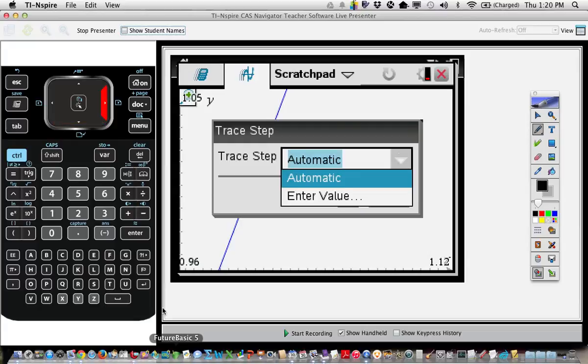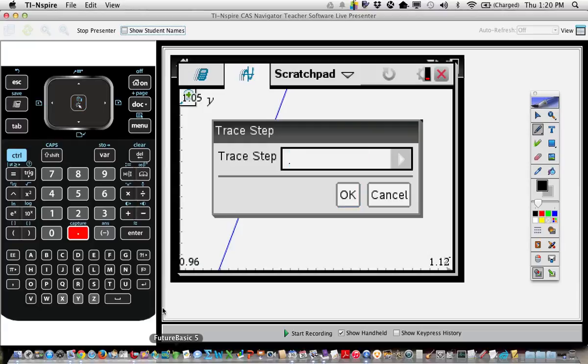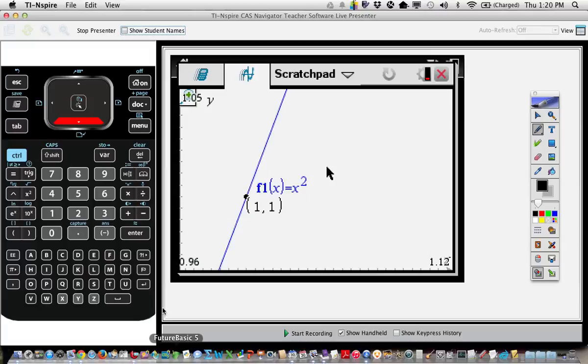Hit your right arrow, enter a value, and let's put 0.0001, three zeros, and hit OK. Later we'll change this back, but just for this homework I want to do that.